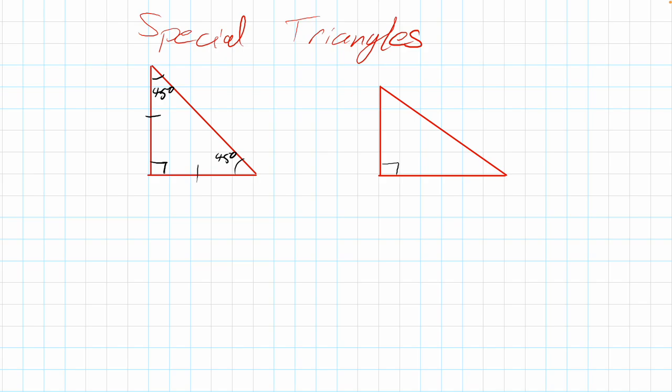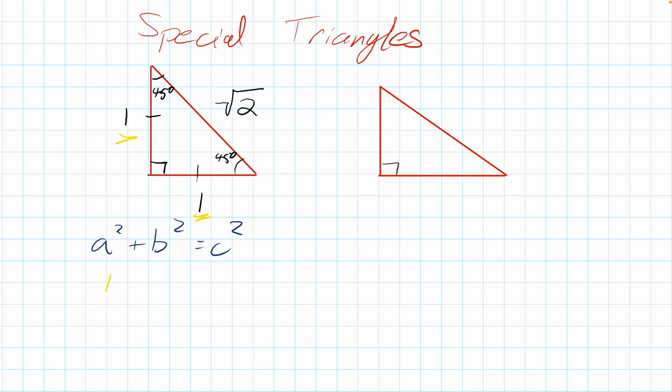So we have two 45-degree angles, and then the sides have a ratio. And the ratio is this, 1, 1, root 2. And that works fine, because if you remember Pythagorean's theorem, a squared plus b squared is equal to c squared. The a and the b are the legs of the triangle, just the sides that aren't the hypotenuse.